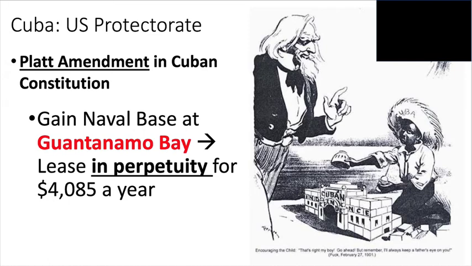Cuba is forced to lease us this piece of land for $4,085 a year in perpetuity. That means forever. Cuba is forced to make this land available to the United States forever.